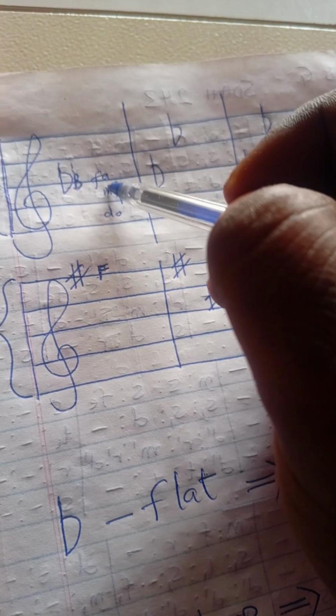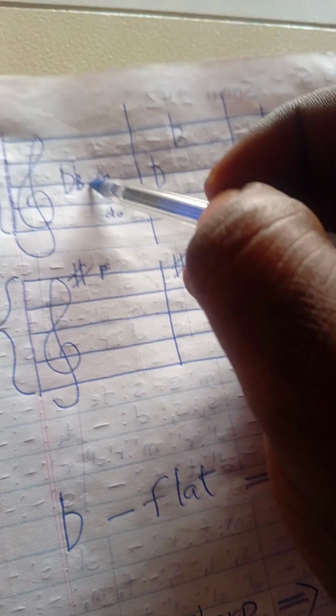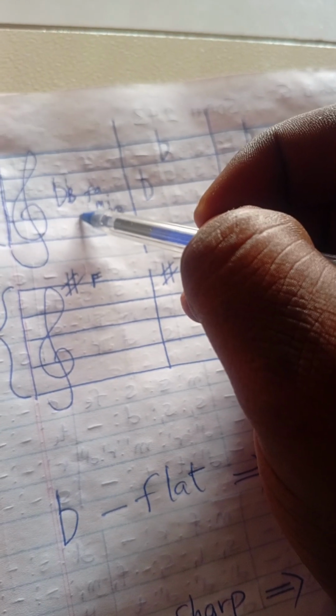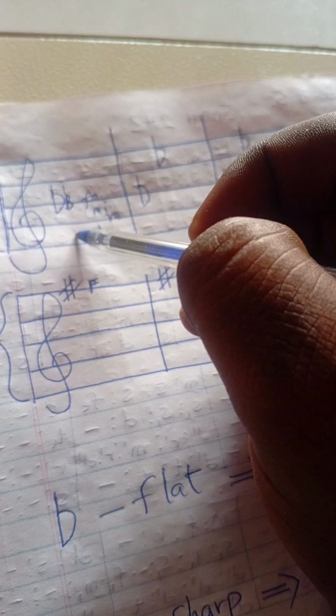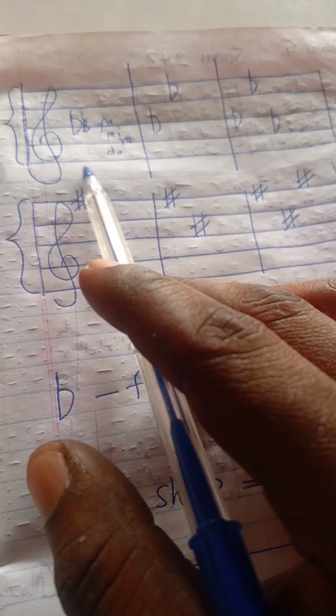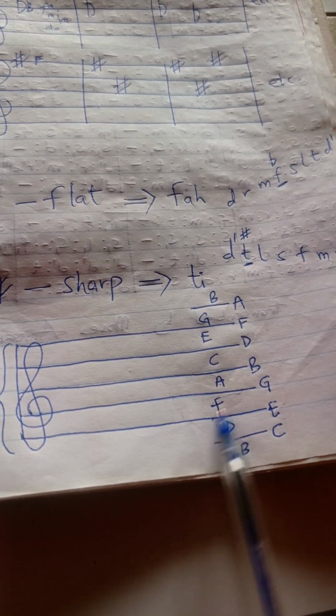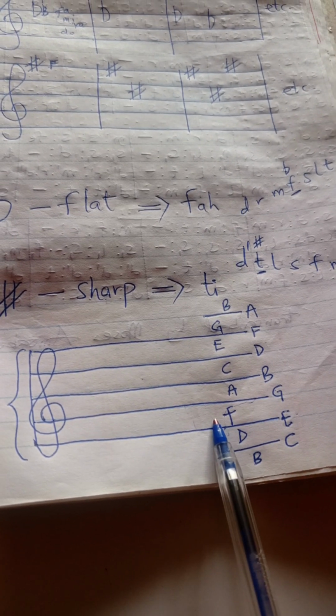That is line, fa, space, mi, line, re, space, do. Now that we have been able to indicate where the do is, let's go to this reference system here and see what key the do falls on.